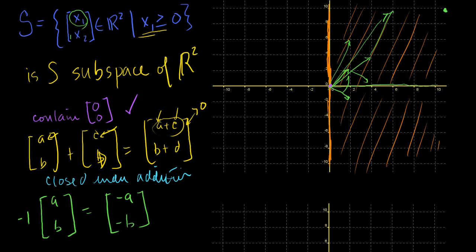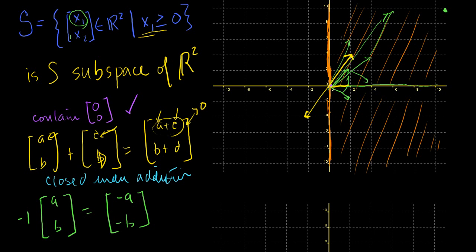If I were to draw it visually, say (a, b) was the vector (2, 4), it's like this. When I multiply it by -1, I get (-a, -b). I get this vector, which you can visually see falls out of our subspace, if we view these as position vectors.